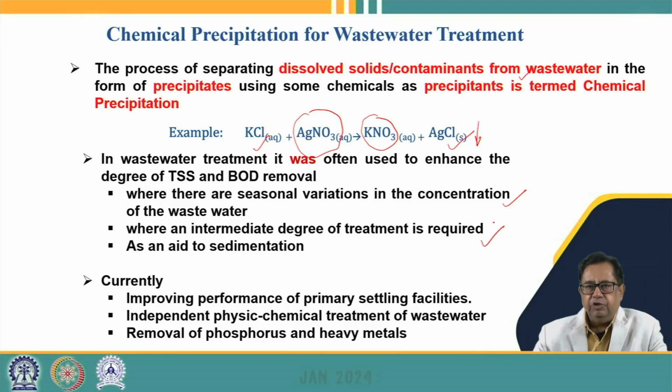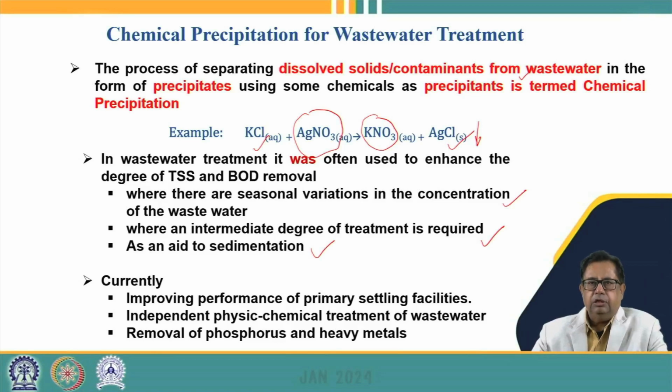Similarly, wherever we require an intermediate degree of treatment, where treatment is not required to a very high extent, we may use the chemical precipitation method. It was also used as an aid for the sedimentation process.